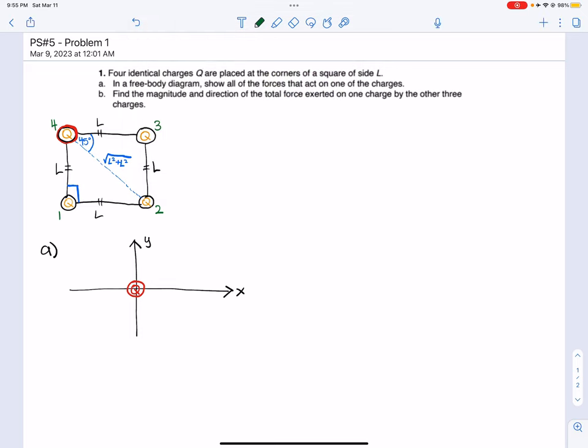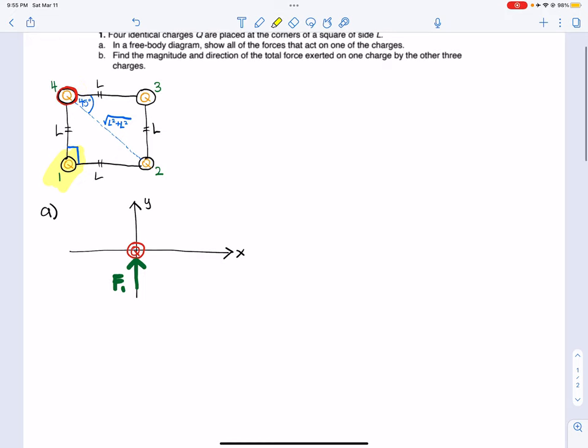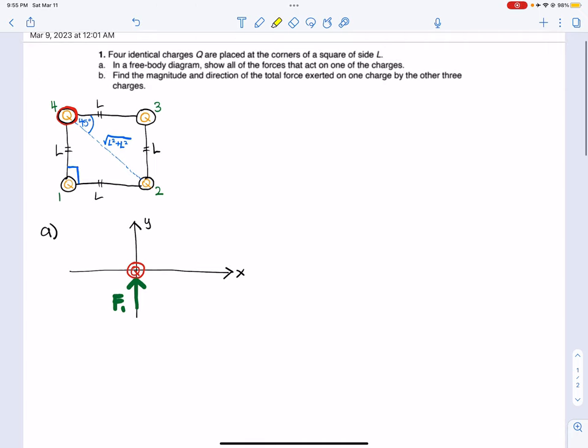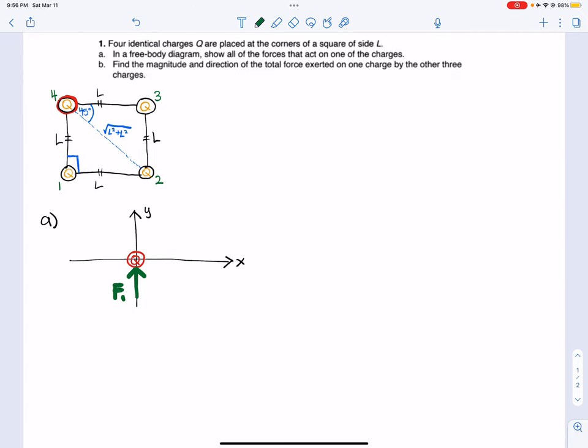All right, so the first force that I'll experience is the force acting from charge number 1, right? That guy. So I will experience this guy, which is F1. That's the force coming from charge number 1 right here, acting on charge number 4, right? Okay. My second force from charge number 2 would come at this angle at 45 degrees, right?